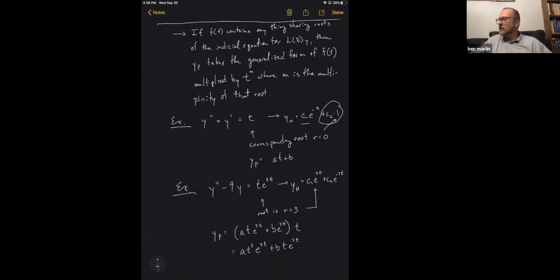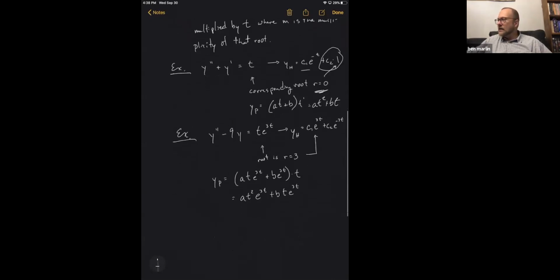So the general first degree polynomial. And then, because that root, r equals 0, had a multiplicity of 1, I'm going to multiply by t to the first. And so I end up with at squared plus bt, okay? So that's how we're guessing our solutions.